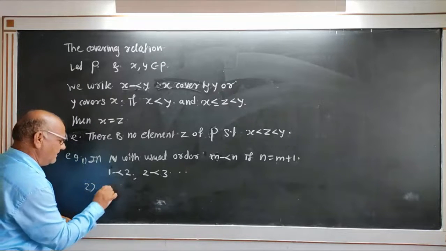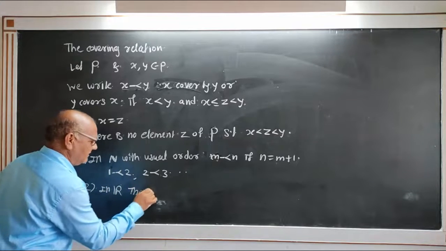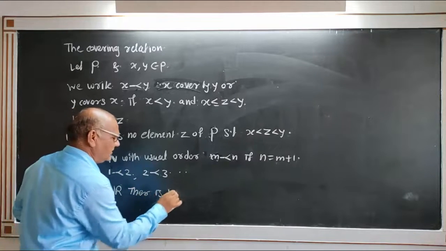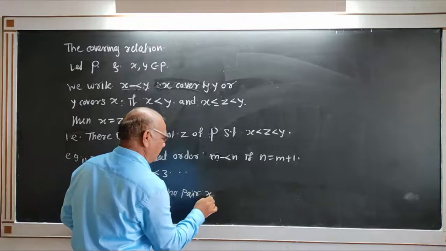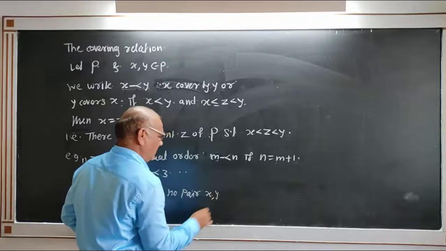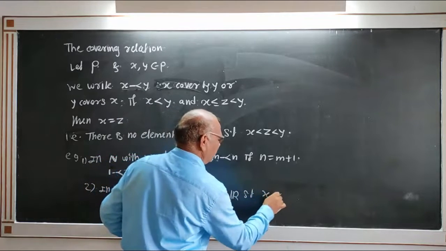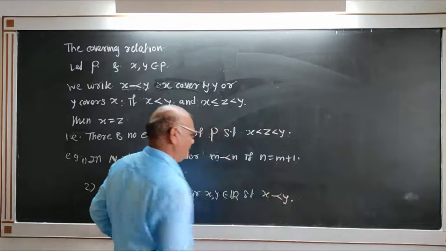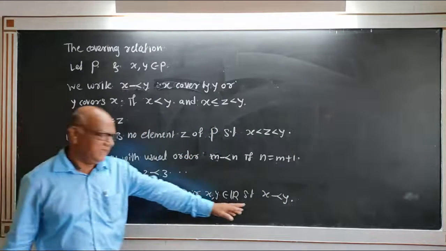In R, the set of real numbers, there is no pair such that x is covered by y.